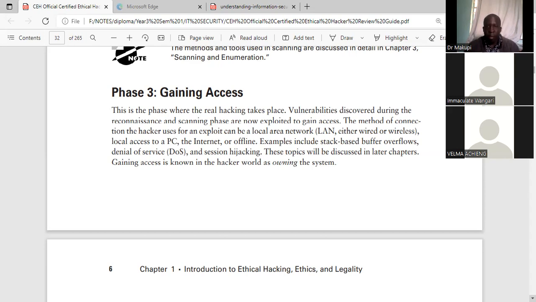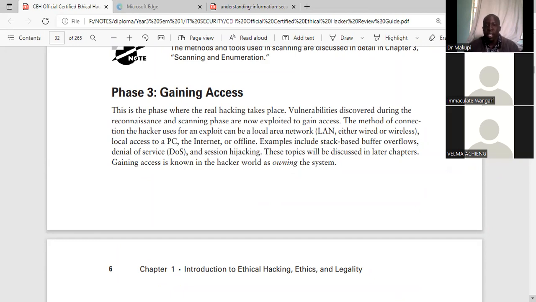So normally, the ways hackers use for exploiting include, one, maybe through a network connection, wireless or maybe wired, or sometimes some even try to get inside the systems offline, you see, if we are within the organization.